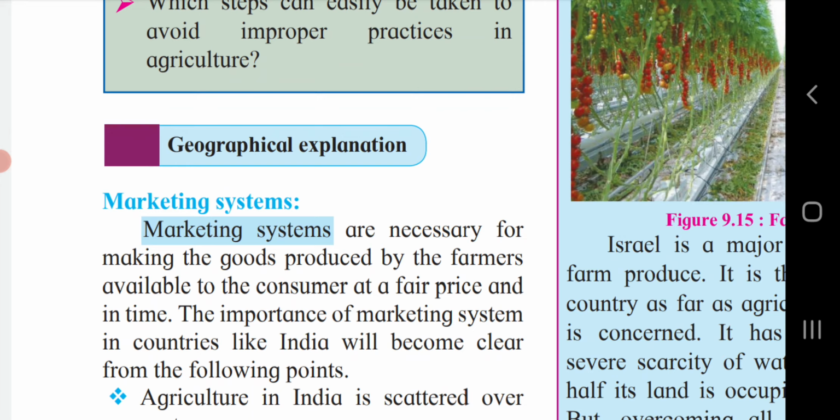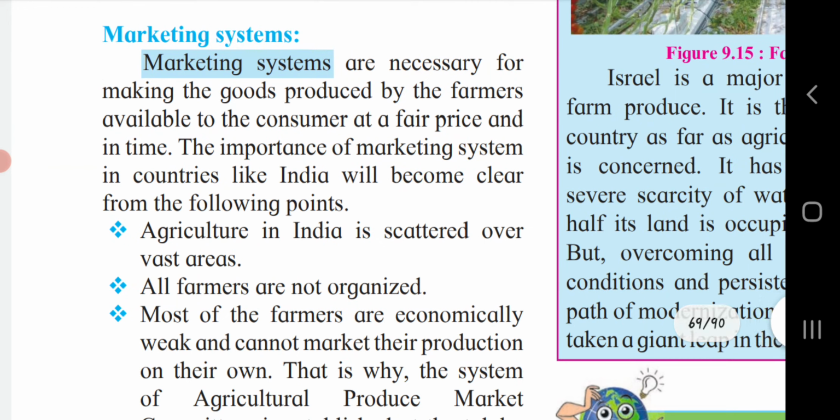Let's see the next one, the marketing system. The goods produced by farmers are made available to the consumers. Farmers are not organized and are economically weak, and the farm produce is perishable.